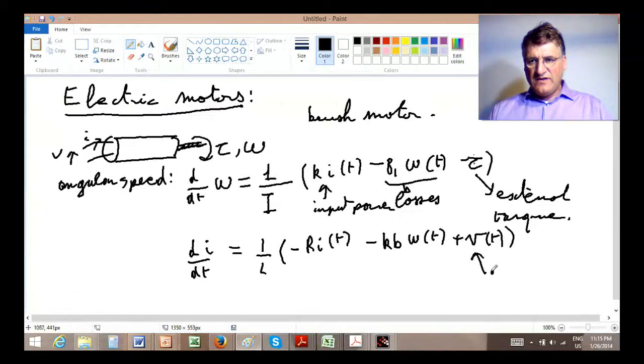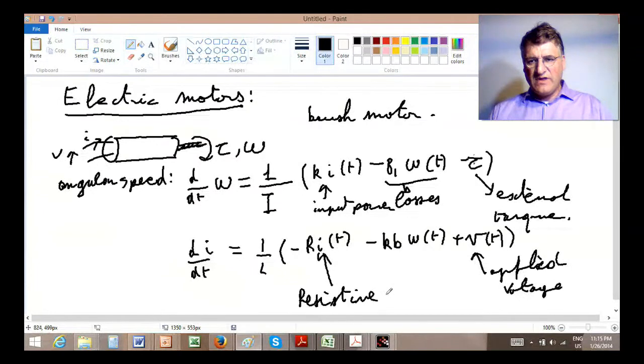This is the applied voltage. This is the resistive power, and that's the back electromagnetic force, back EMF.